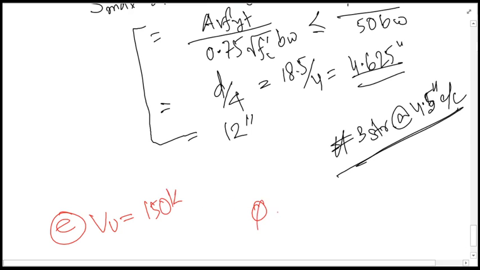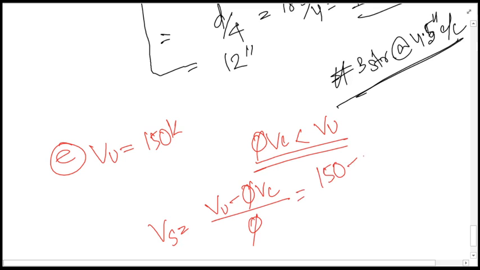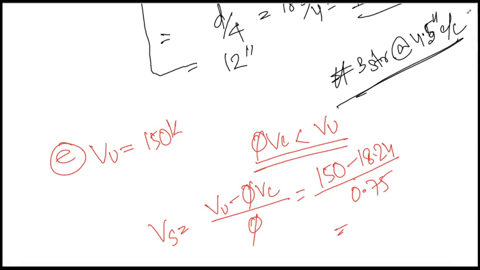In this case, phi Vc is again less than Vu, no doubt about that, and Vs, that is Vu minus phi Vc divided by phi, you will obtain 150 minus 18.24 divided by 0.75, which gives you 175.68.